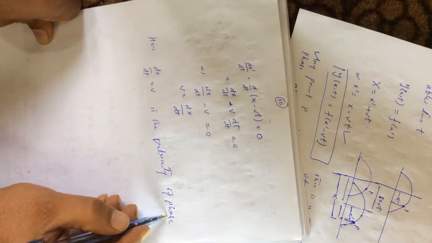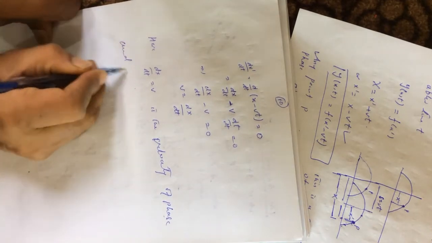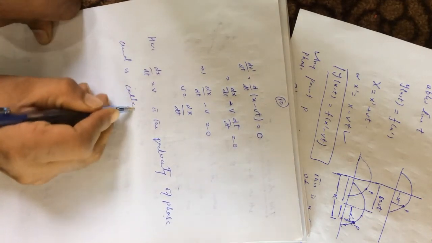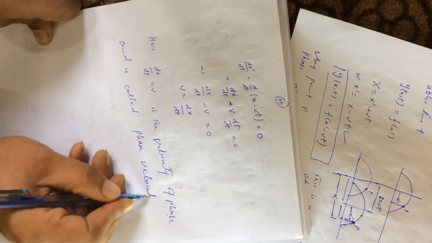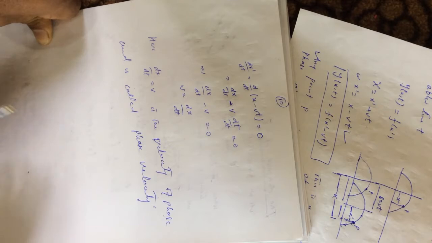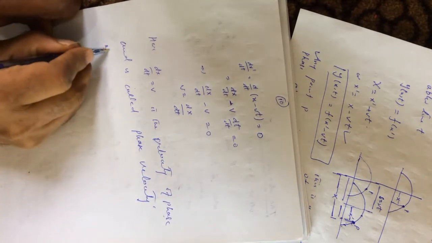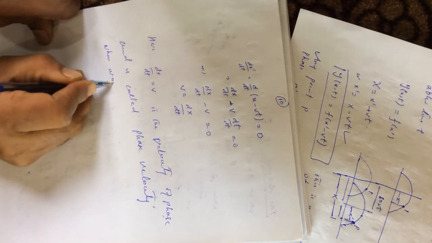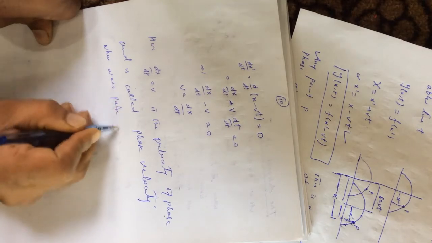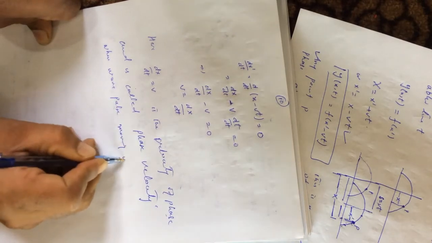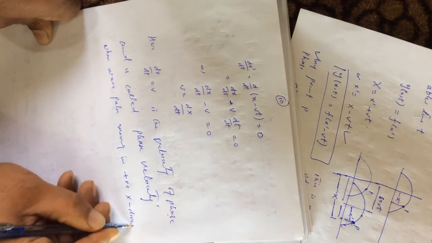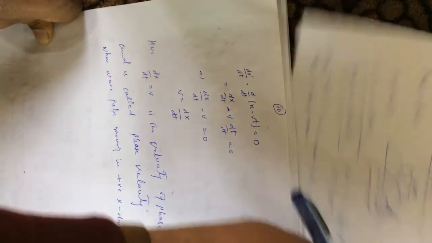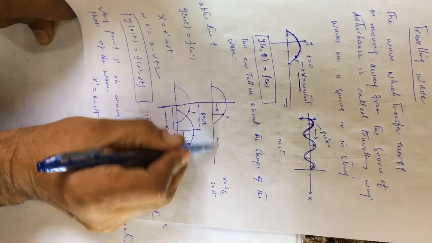So it's the velocity of the phase, and it's called phase velocity. This is the phase velocity when the wave pulse is moving in the positive x direction, because the wave pulse moves in the positive x direction this way.